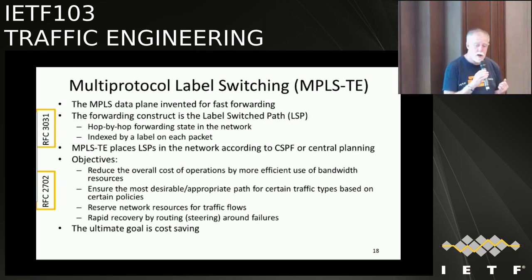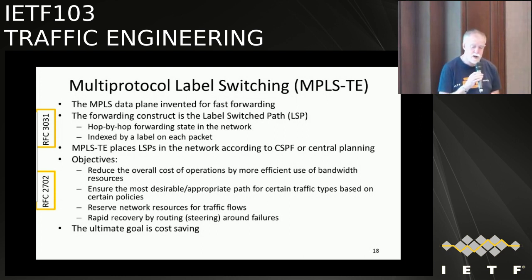It's based on a little header that's inserted on top of the IP packet and constructs a forwarding state based on a label lookup. So at every hop, you look up the label, and that tells you what interface to send the packet out of and put a different label on. And then along it goes through the network. It's creating a connection-oriented packet switching technology. And that turns out to work really well for traffic engineering.